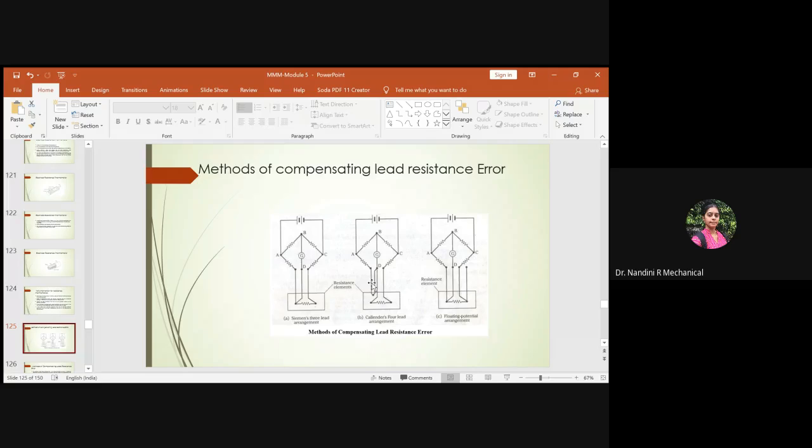But these two will be uniformly of the same length, and these two will be uniformly of the same length. So here one half of the bridge is connected, and the other half of the bridge is just connected to a lead wire to compensate the variation you are getting with respect to the temperature variable. This is called the floating potential arrangement.